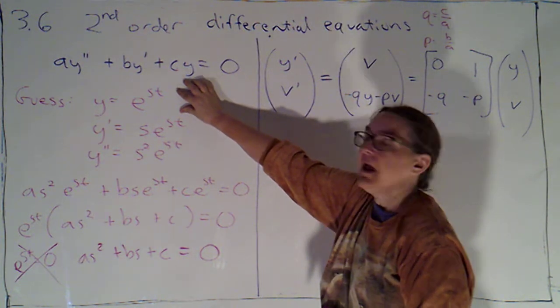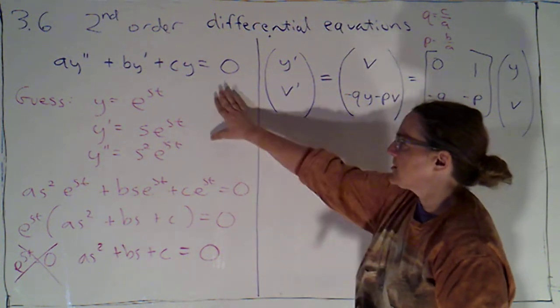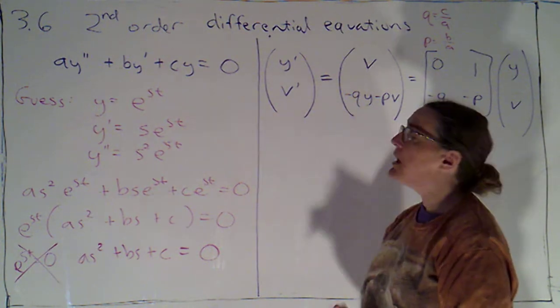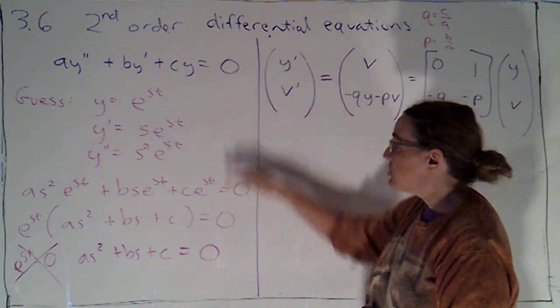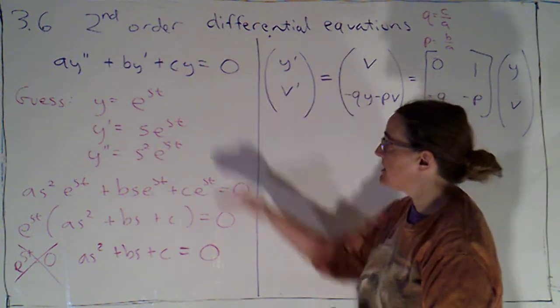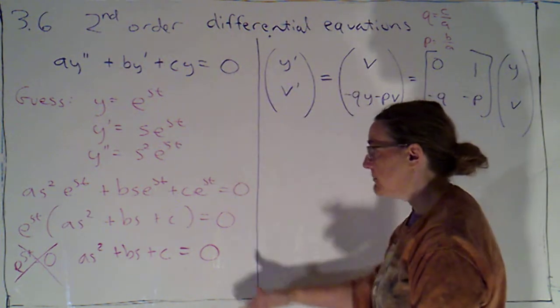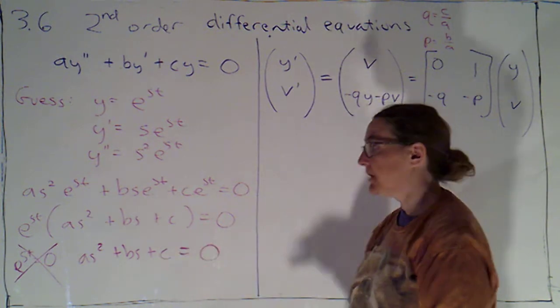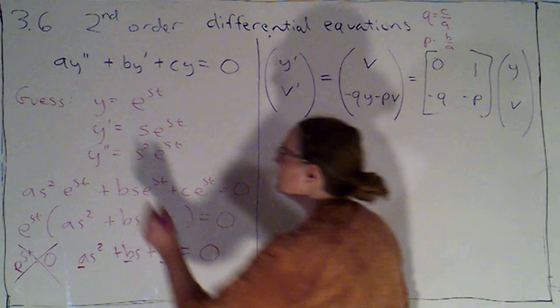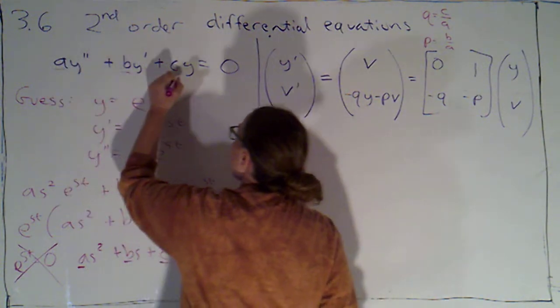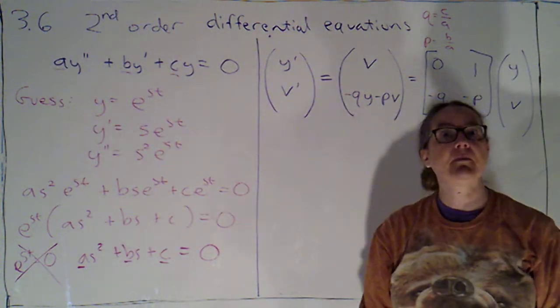Now, when we did this before, we actually wrote out the guess. Notice, I've just done it for a generic case. This shows that for a generic case, if I were to make such a guess and plug in, I would get an equation that looked like this. And notice, the a, the b, and the c that show up here are exactly the a, the b, and the c that show up here.